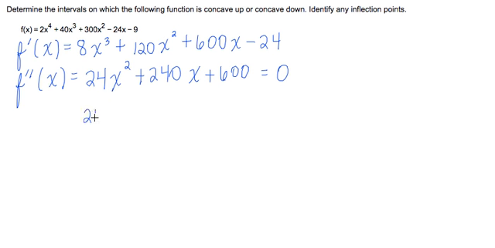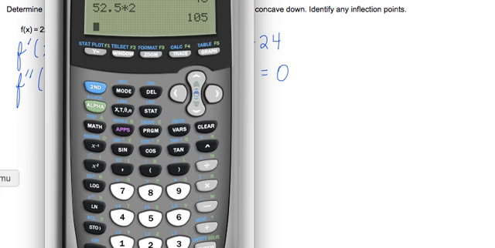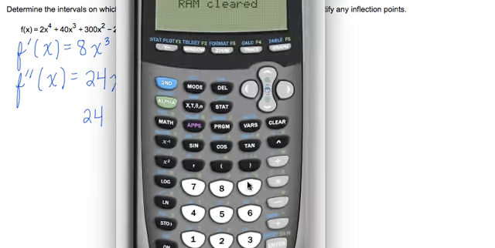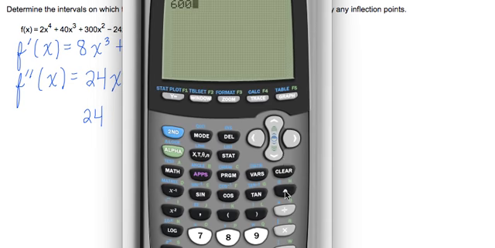And I should be able to take a 24 out of everything. So I'm doing 600 divided by 24 is 25, yeah.